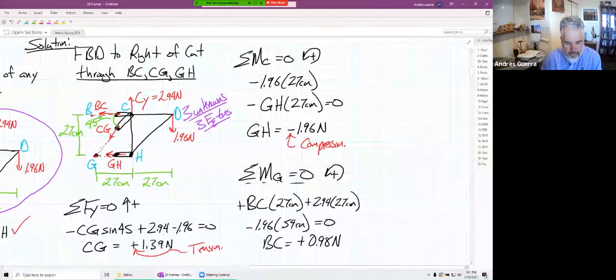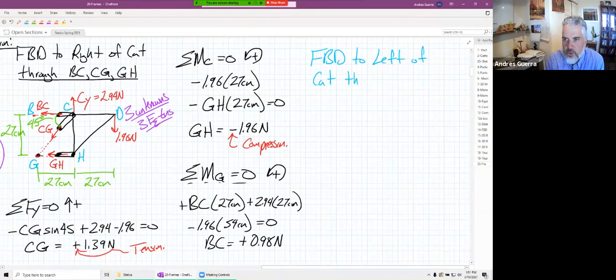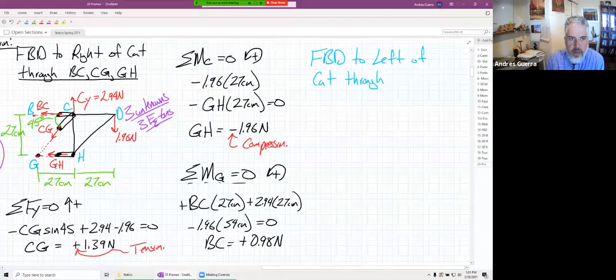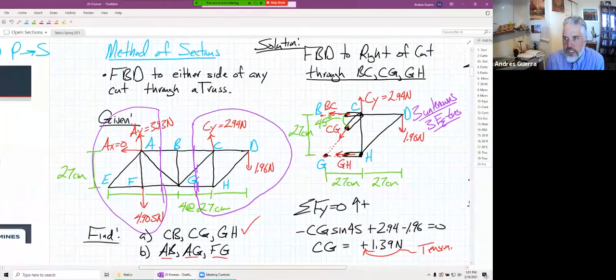It would be an FBD to the left of a cut through everything that we wanted, which was AB. It was also AG and FG.